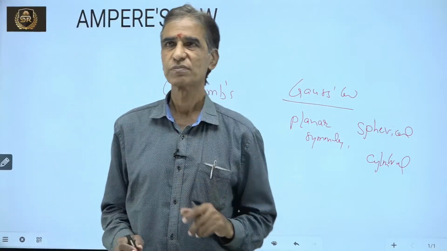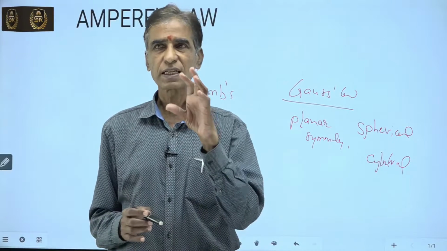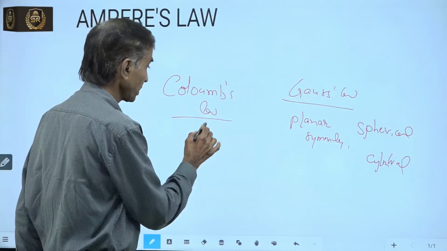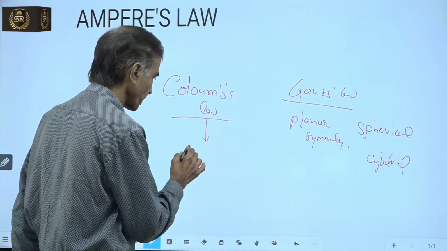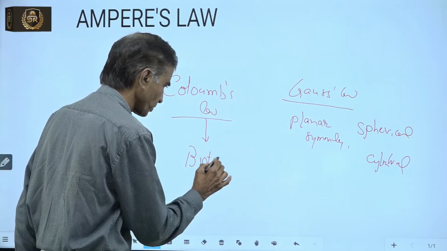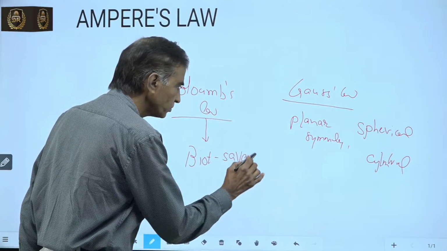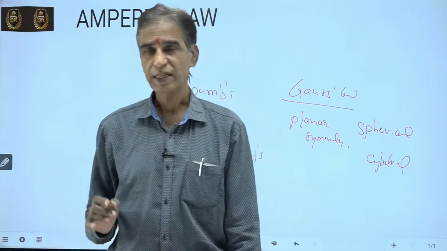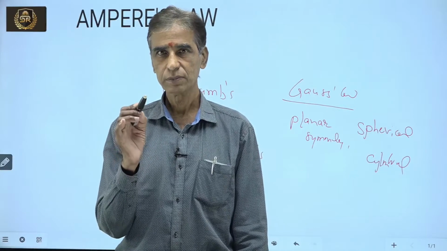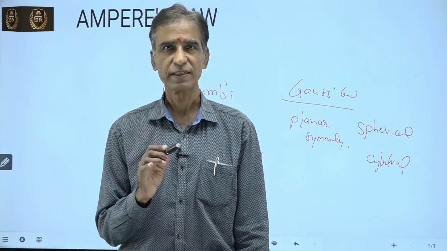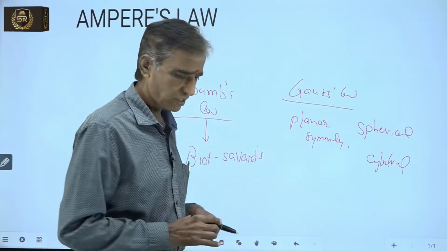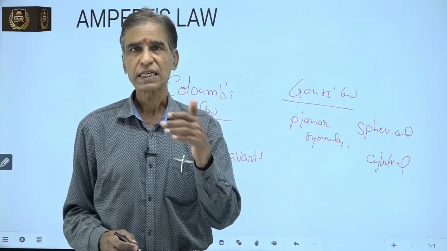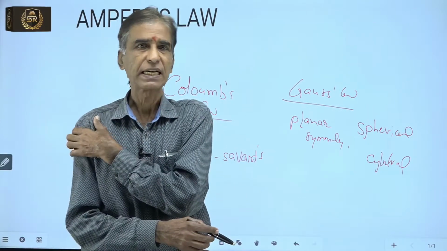Same comparison now. In electrodynamics, this is analogous to Biot-Savart's law. When we want to find the magnetic induction at a point, we use Biot-Savart's law, irrespective of the distribution of the current carrying conductors.